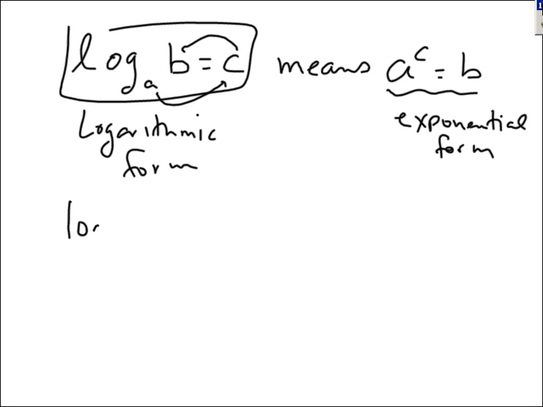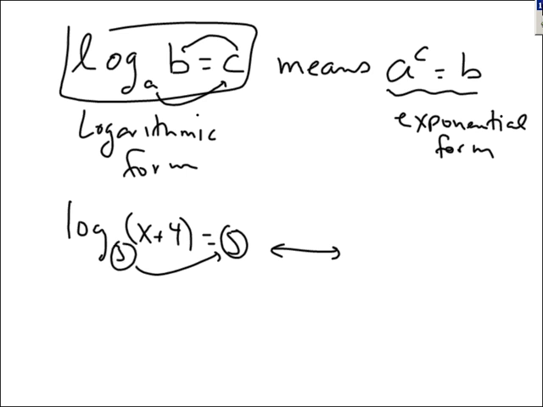I told you log base 3 of x plus 1 is equal to 5. Well, this means 3 to the 5 equals x plus 1. 3 to the 5, if I'm not mistaken, is 243.